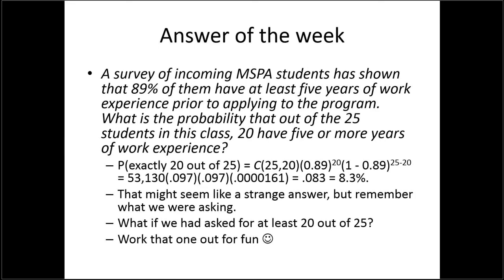You would need the probability of 1 out of 25 plus the probability of 2 out of 25 plus the probability of 3 out of 25, add it all the way up to the probability of 20 out of 25. So you'd have to do this 19 more times with different numbers. The only number that would change here would be your exponent. Your combination number would change, and your exponent would change slightly, but the 0.89 and the 0.11 would stay the same.